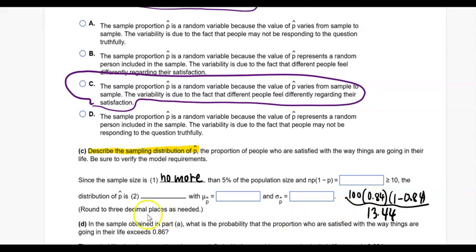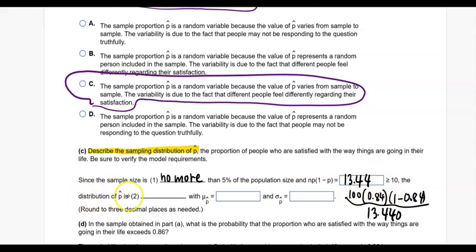Rounded to 3 decimal places is needed, so you can put 0 here if you like, but you don't have to. So it's going to be 13.44, which is greater than 10. So these two criteria are satisfied.